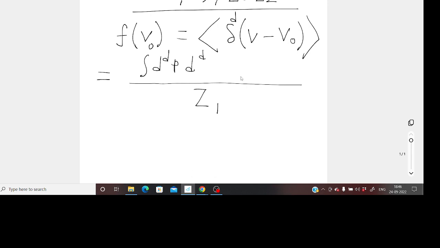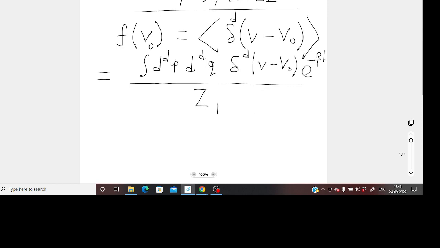So this is clear, right? This is just the definition of some average value or expectation value. Clear? I think there should be this factor 1 by h to the power d, where h is the Planck's constant, right?